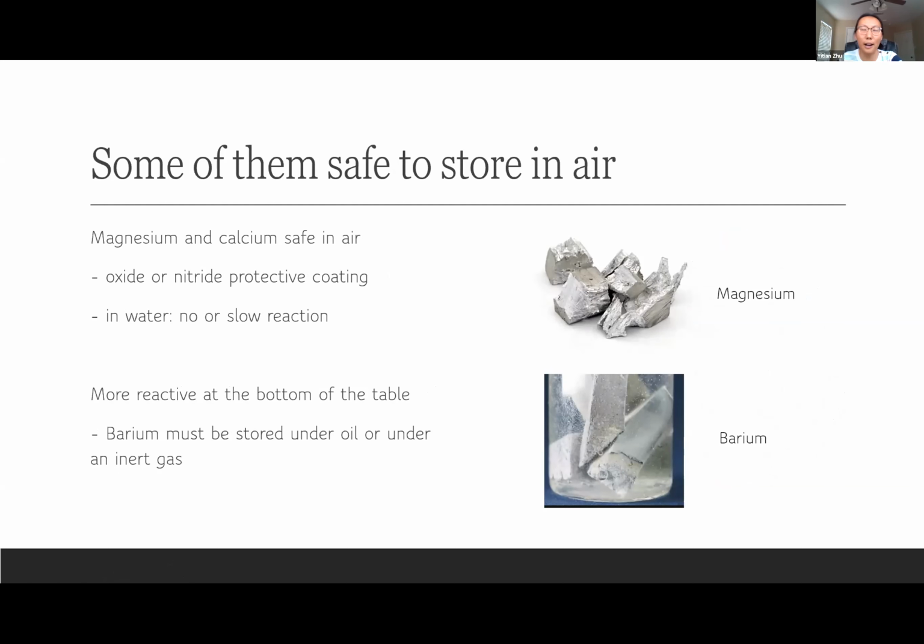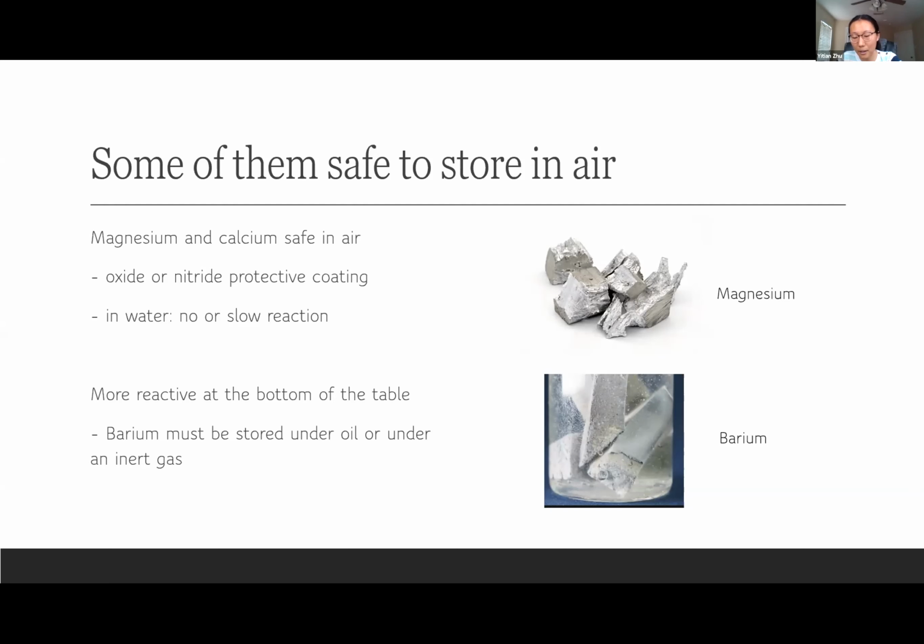Here's a picture of magnesium, and during science class, I actually got to touch and use a piece of magnesium metal. And well, we just learned that they're kind of reactive, so why don't they react in air? That's because they have a protective coating on their surface, so that protects the rest of the metal from reacting.